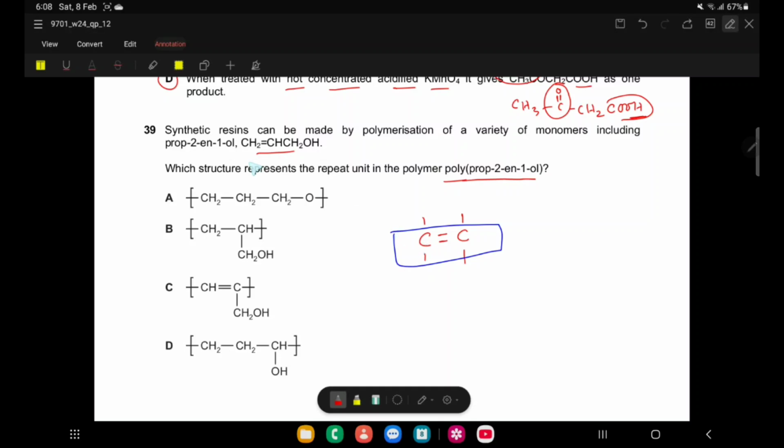So with this carbon, two hydrogens are added, and with this carbon, on one hand one hydrogen, and on the other hand CH2OH. When it is forming the polymer structure, this double bond will be broken down and the continuation bond will be here. That means this one is our correct answer.